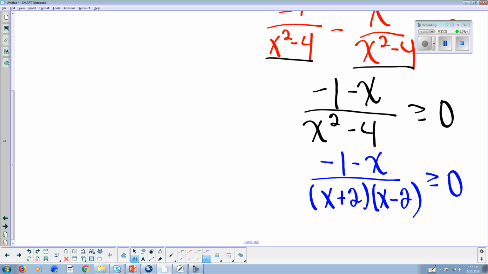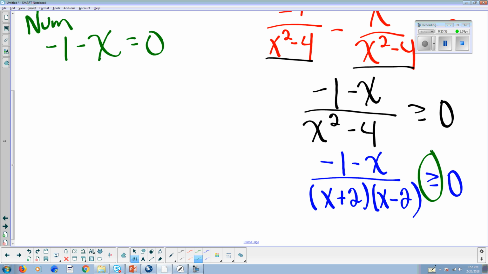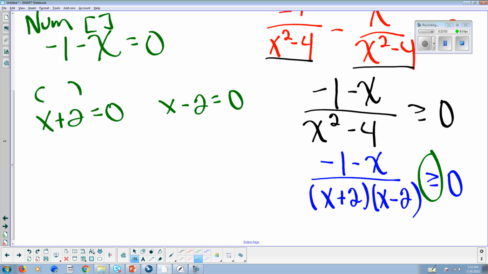So now let's set the numerator equal to 0. This is the numerator, and it's got a greater than or equal to symbol. So this is going to give me a square bracket at that endpoint. And the denominator, x plus 2 equals 0 and x minus 2 equals 0, those are going to give me curvy endpoints.